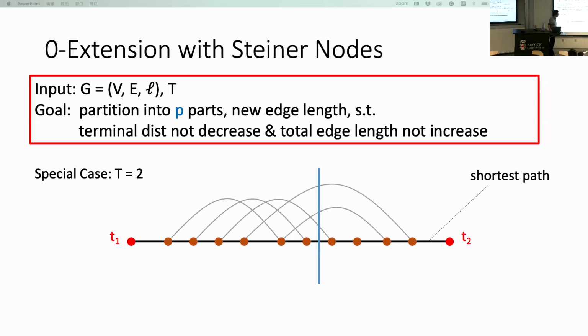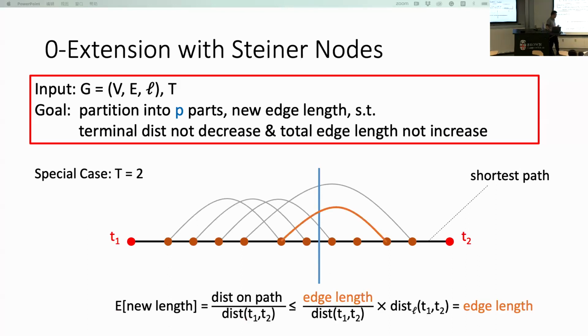In this case, we still want to prove that it's a good solution, so the total new edge length is bounded by the total old edge length. Each single edge is either split, in the sense that its two endpoints are contracted to different places, in which case it will be given the distance between T1 and T2 as its new weight, or it's not split, meaning both endpoints are contracted to the left or both to the right, and it will have 0 length as its new weight.